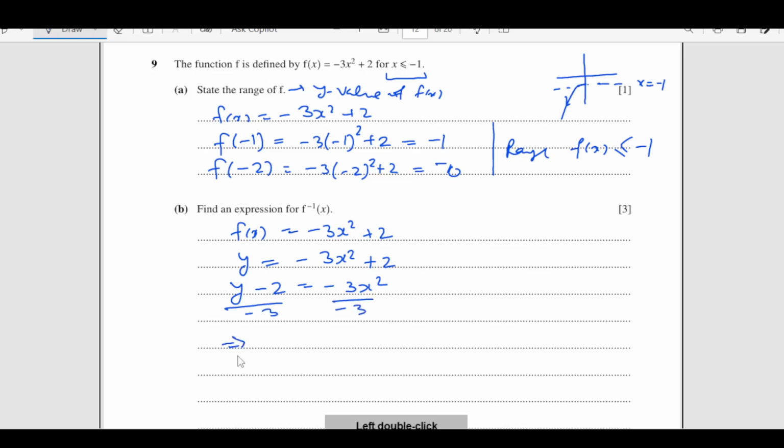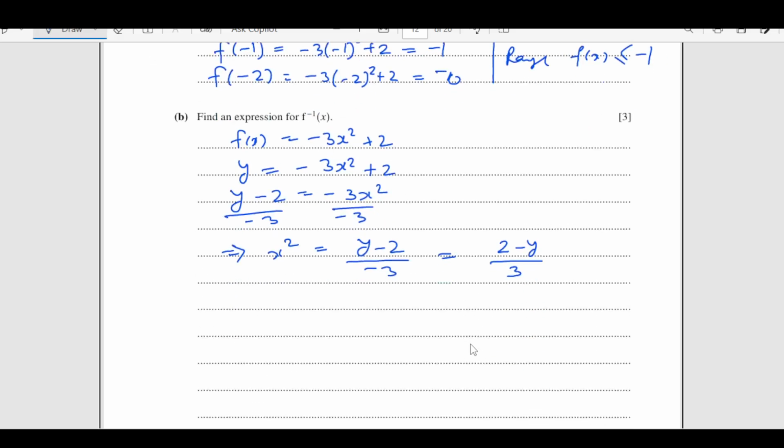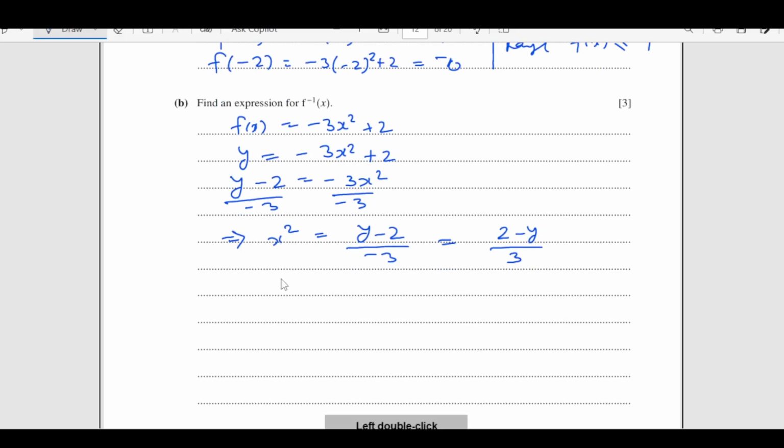So from here we are going to have x squared is equal to y minus 2 over negative 3, right. So we can also merge the negative sign. So I will write 2 minus y over 3, right. So then we can write down x will be plus minus square root of 2 minus y over 3.